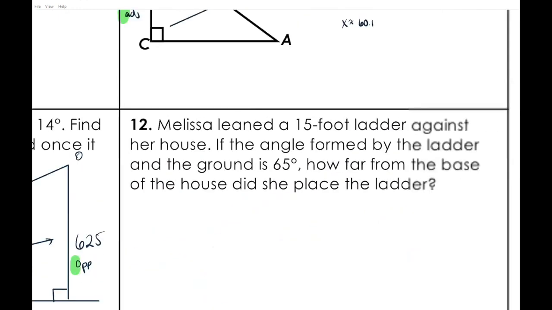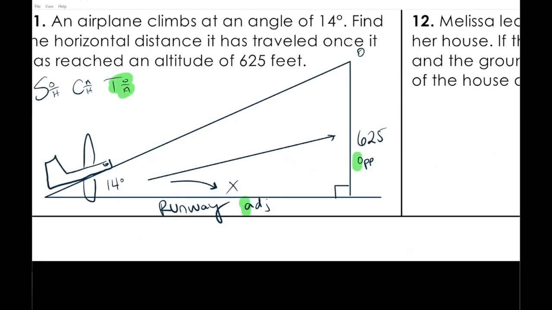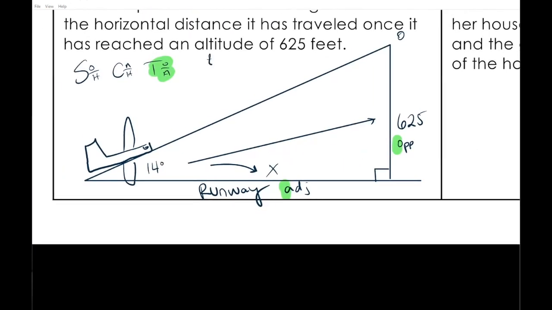So tangent of 14 is the opposite, 625, over the adjacent x. Cross multiply. Tangent of 14 is a number. It cannot be broken up. Cross multiply. So x times tan 14 is 625.